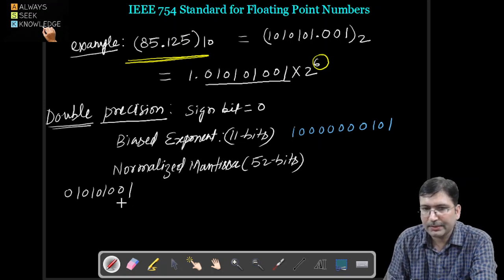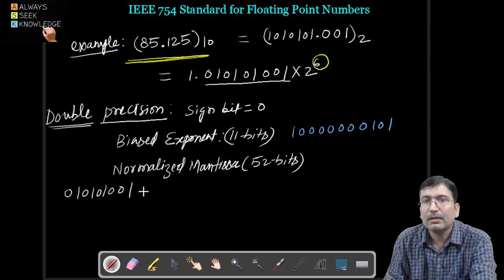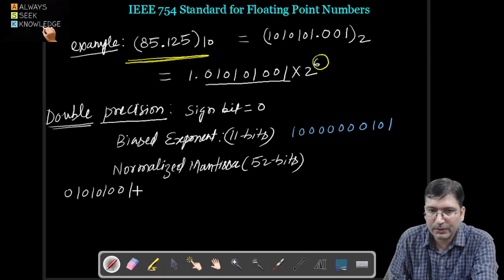Then for the remaining, you require 43 bits, so the remaining 43 zeros will follow.